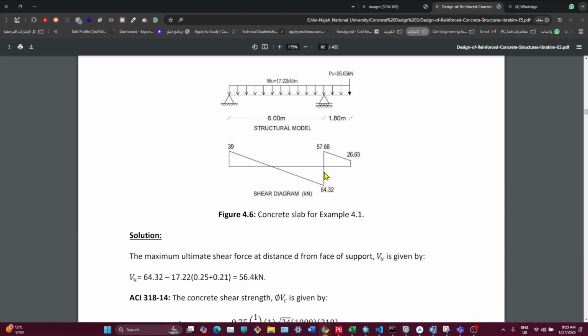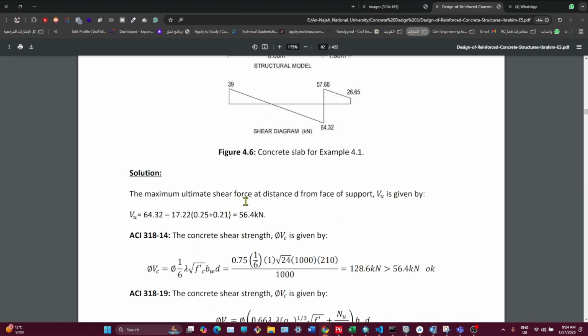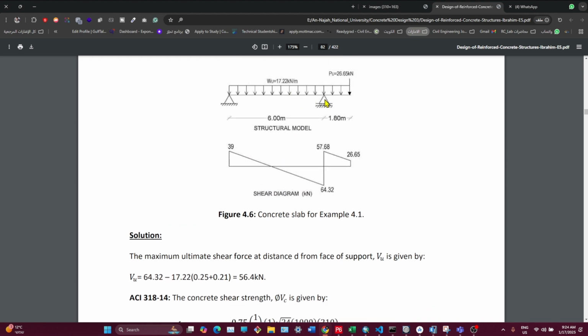That's clearly shown because we have a cantilever, a point load, and a uniform load, so the reaction will be very large here. V ultimate therefore will be equal to the maximum ultimate shear force here, the larger value, 64.32, minus the uniform load, because we need to take it at a distance d from the face of the support.